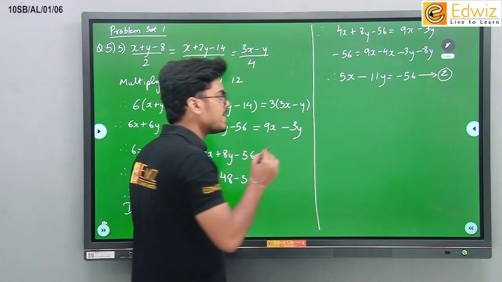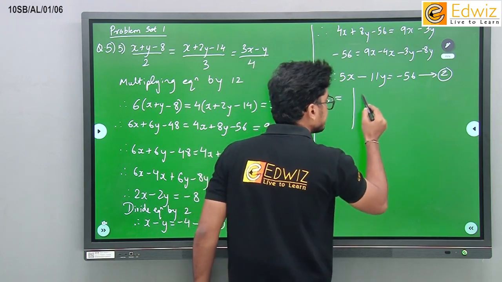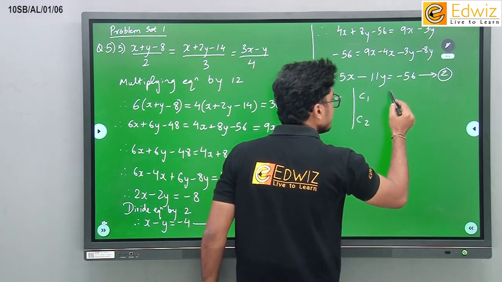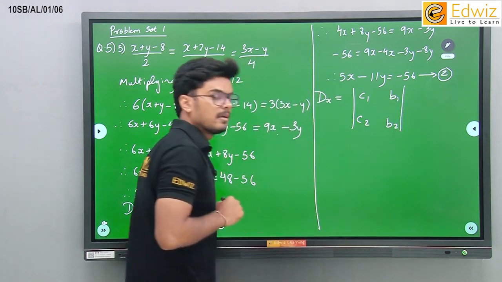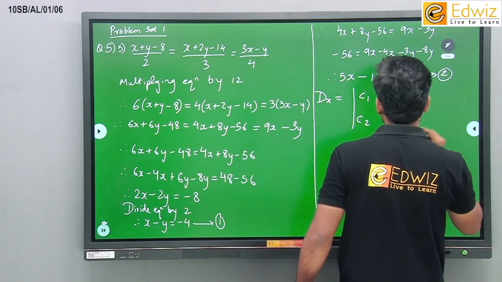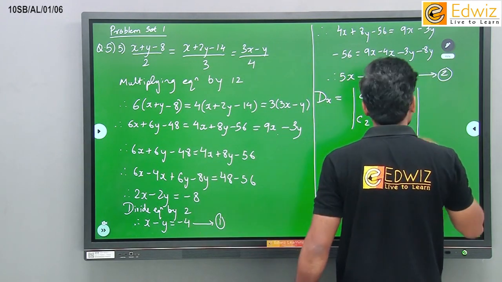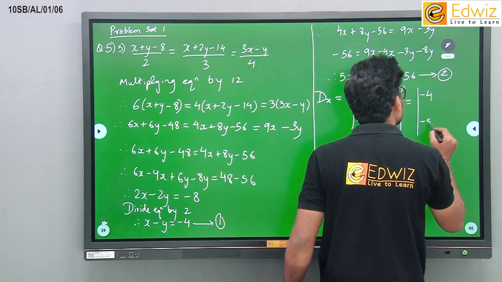Let us first find out dx. The formula for dx is c1 c2 and b1 b2. Okay, let us substitute the values. So you know the two equations. c1 मतलब यहाँ का constant minus 4, c2 मतलब यहाँ का constant minus 56.